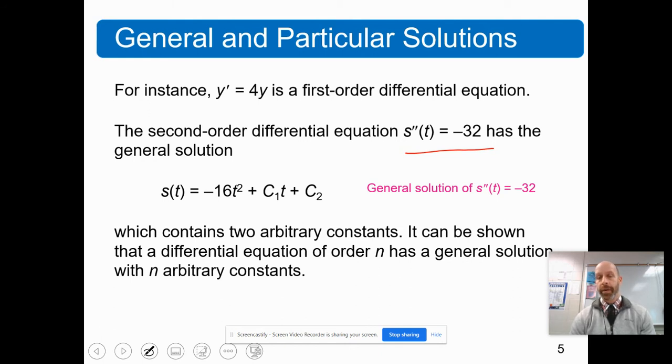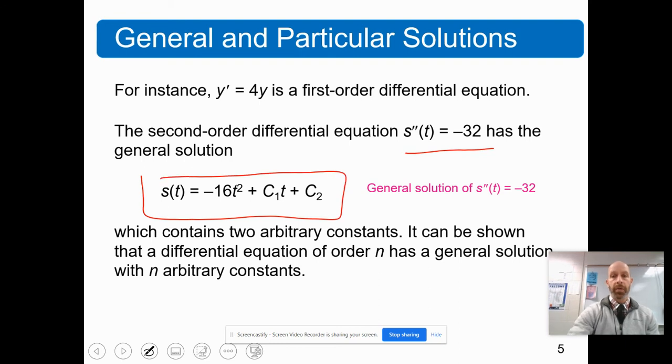That sounds kind of familiar. s double prime, I wonder if that's acceleration. It has the following as a general solution. In other words, if we take this equation and we find its second derivative, it will be equal to that negative 32.